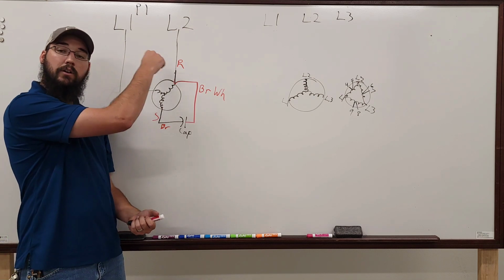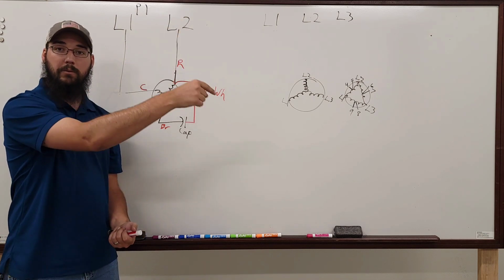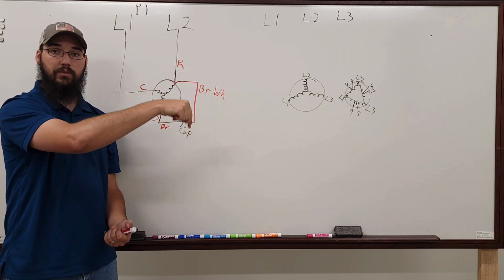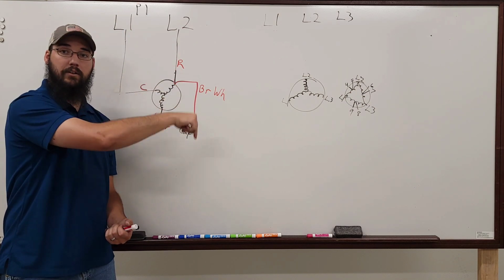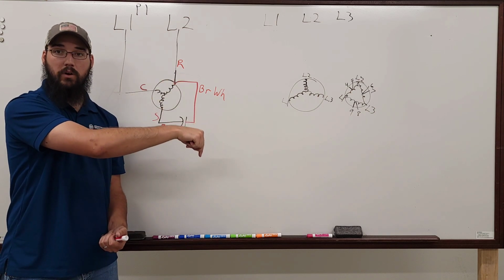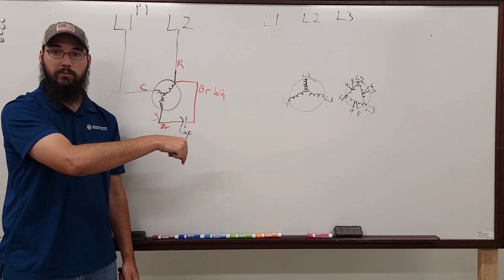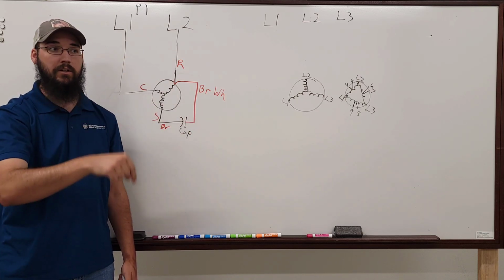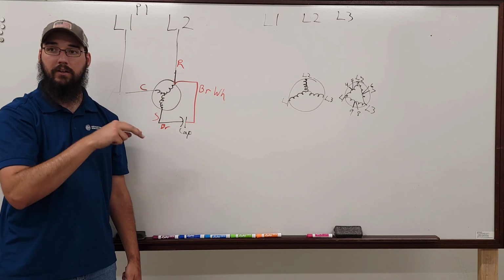There'll be a jumper from the contactor to the capacitor, and then the run wire will plug in at the capacitor versus the contactor. It doesn't matter which side of that wire the run wire lands, whether at the contactor or at the capacitor, as long as it's on the run side, the L2 side of the circuit.